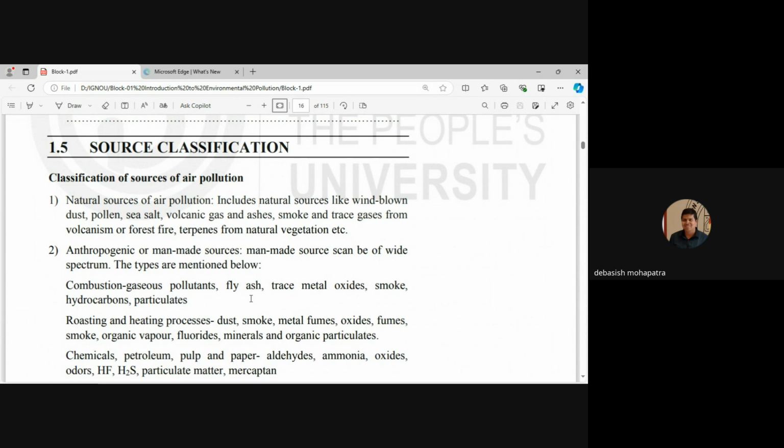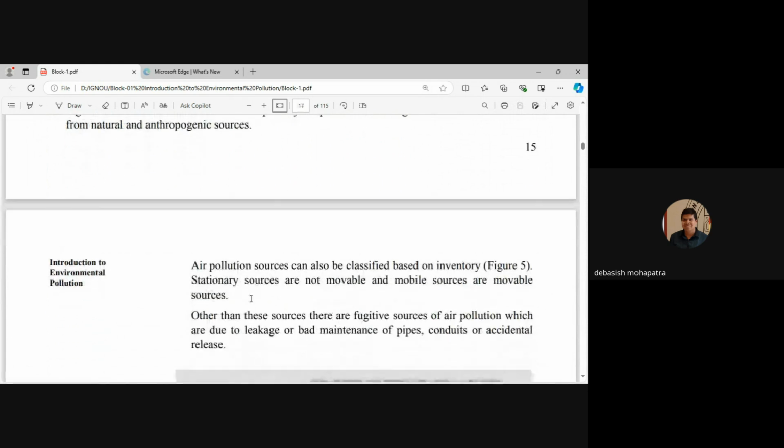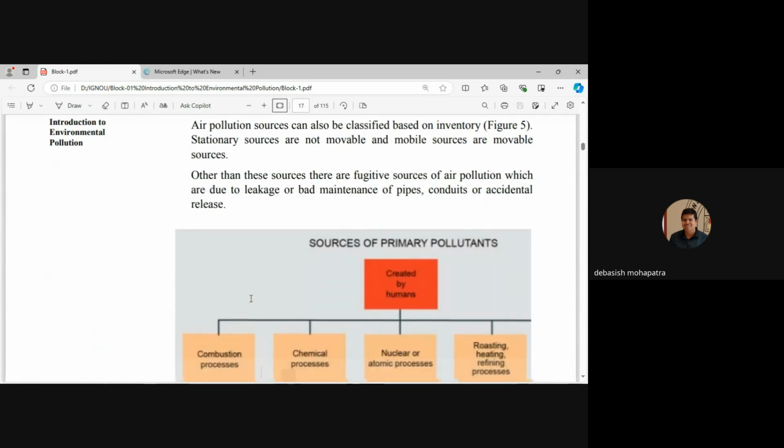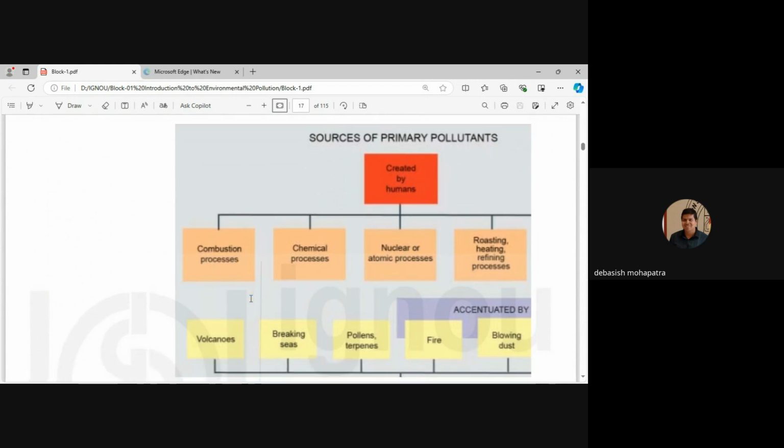Then classification of sources. Natural source, anthropogenic source, we have already discussed this. I will not discuss it again. A table is given.